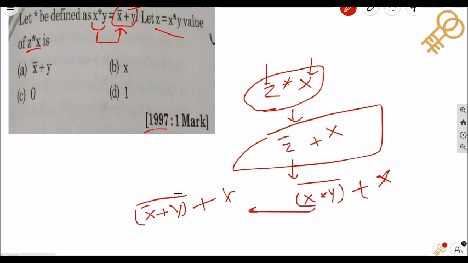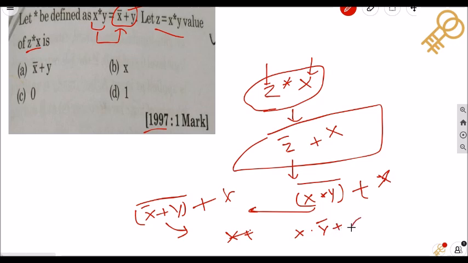So if you take this and remove the complement, we replace the plus with the star form, that is the dot form. So x dot y complement, right?